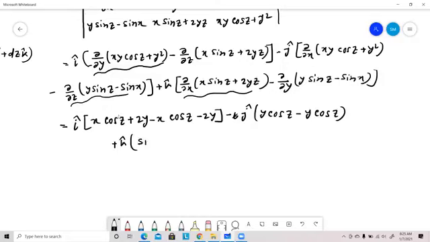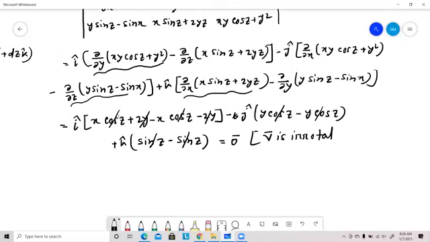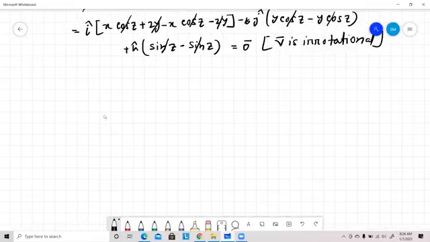Only sin z will come here: sin z minus sin z. Good. And now we observe that every term cancels: twice y minus twice y, y cos z minus y cos z, sin z minus sin z. So that means we get the zero vector. Hence, the vector v is irrotational.